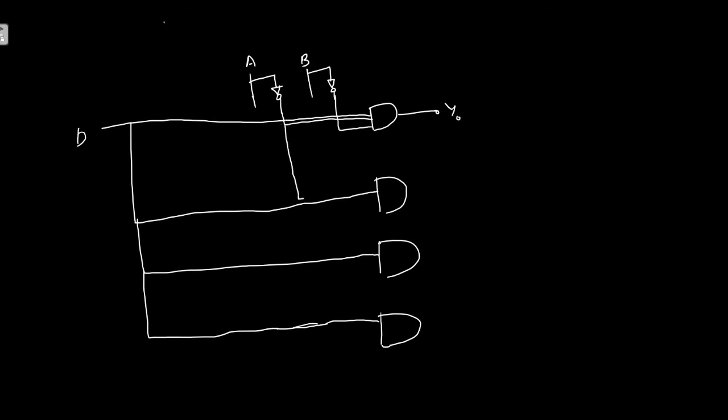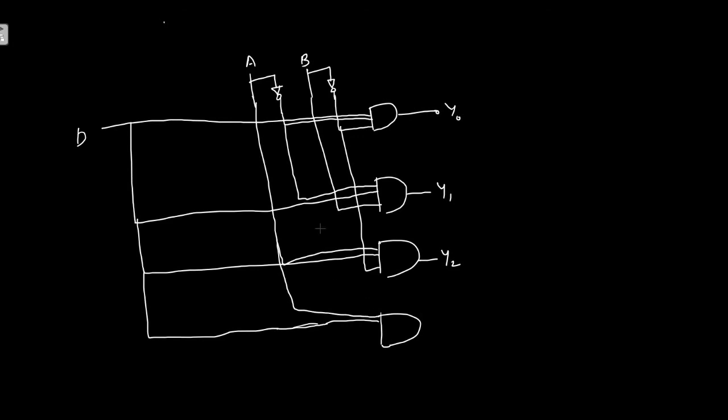Then 0 1, then the output is y1. 1 0, and this is 0, then the output is y2, and then 1 1, and this is 1, the output is y3. So this is a simple logic diagram of any demultiplexer.